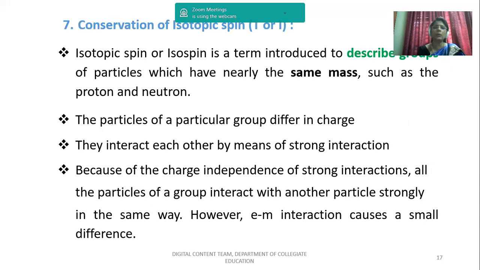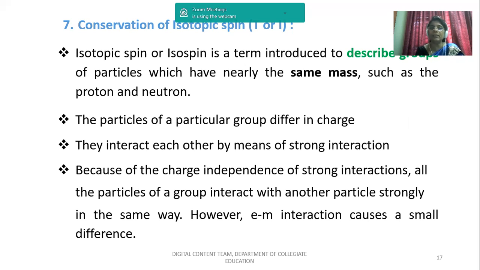With this, we'll move on to a very important conservation law called conservation of isotopic spin, which is represented by capital I or capital T. Isotopic spin, or isospin, is a term introduced to describe a group of particles which have nearly the same mass, such as the proton and neutron, which make up the nucleon.